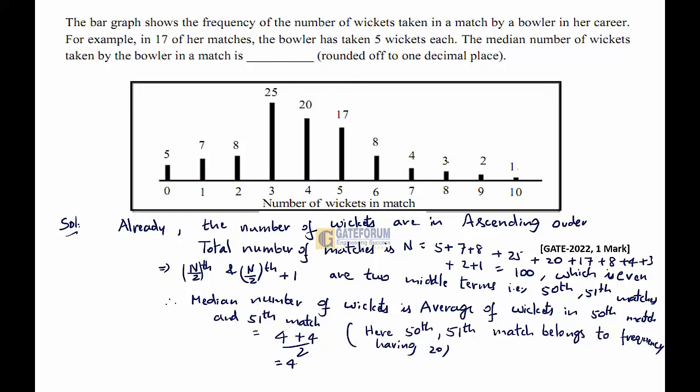The top level is the frequency and the bottom level is the corresponding number of wickets. This is the bar graph I am showing in the table: number of wickets, and on the other hand, number of matches. This number of matches is denoted by frequency. That is, for 4 wickets, in how many matches is 4 obtained? That is called frequency.